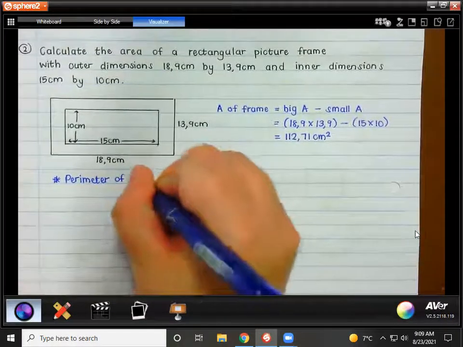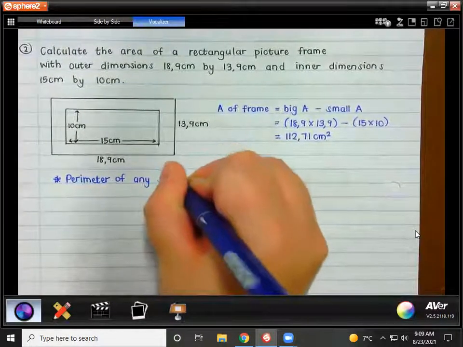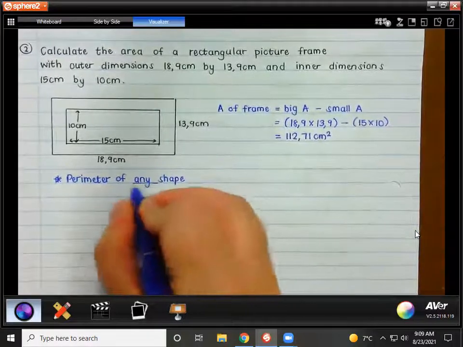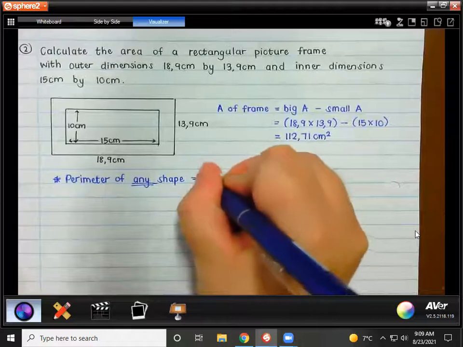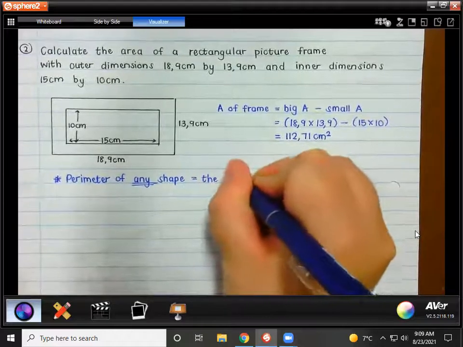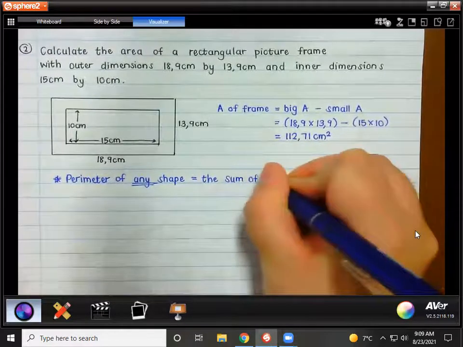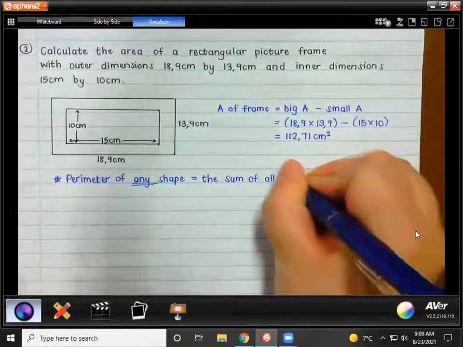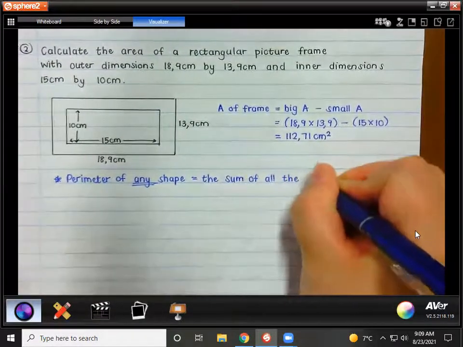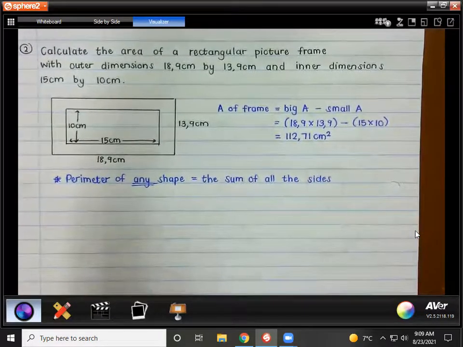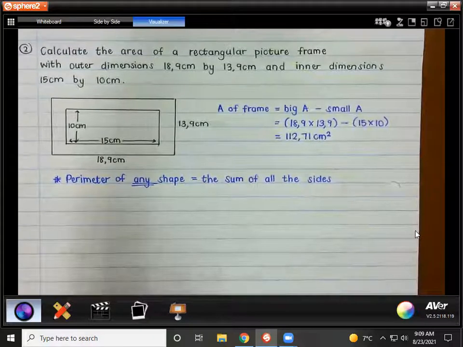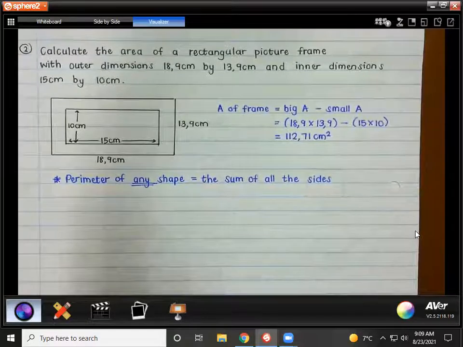So the perimeter of any shape is the sum of all the sides. So basically you need to just make sure that you have the length of all the sides that are on the border of the shape, and then you can work that out.